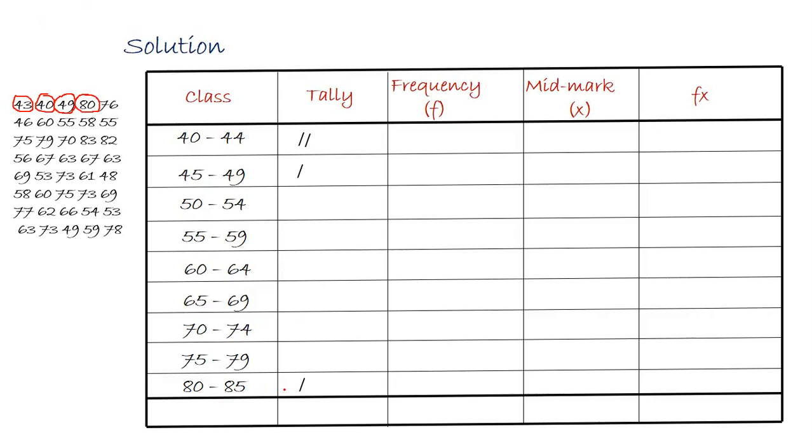And then we have 76, which lies in the class of 75 to 79. And then we have 46, which lies in the class of 45 to 49. And then we have 60, which lies in the class of 60 to 64.